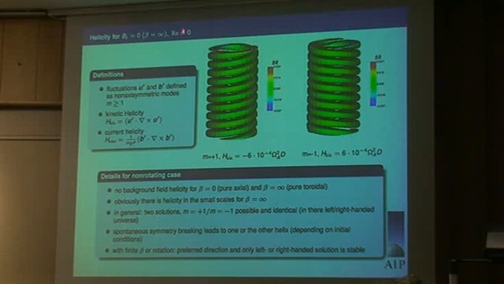First, let's start with the non-rotating case without any axial field applied. So there's no predefined direction. The system is completely free, and what we see, depending on the initial conditions, is either an m equal plus 1 or an m equal minus 1 mode.